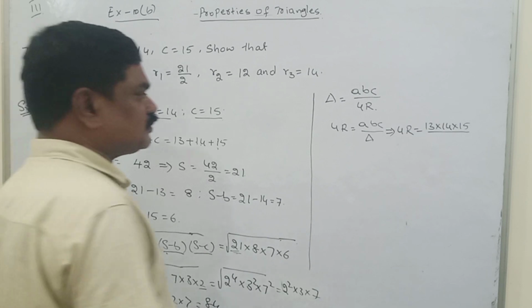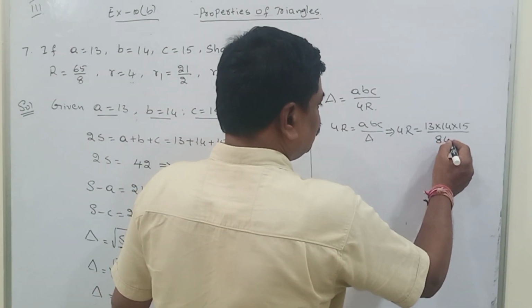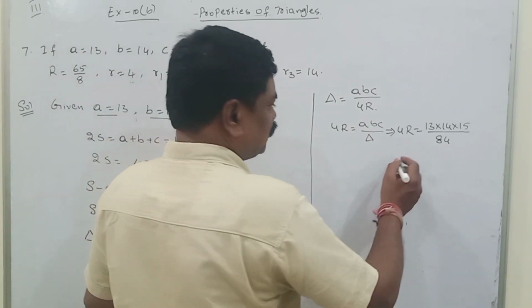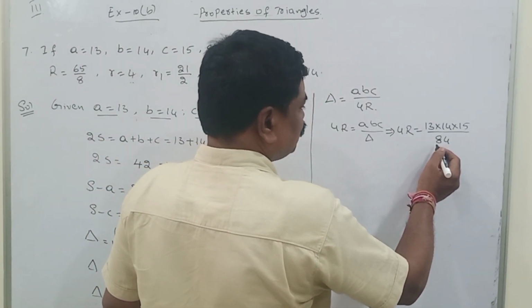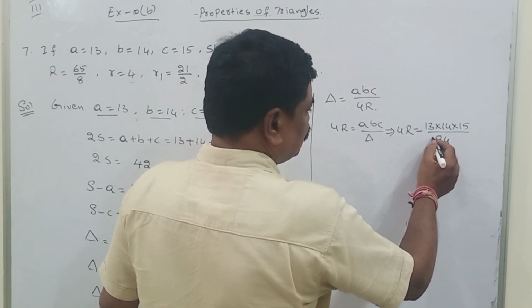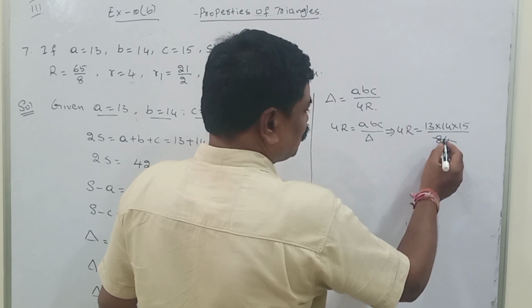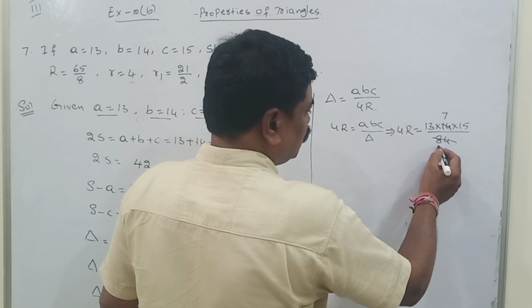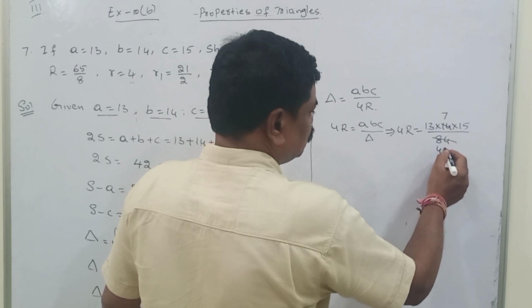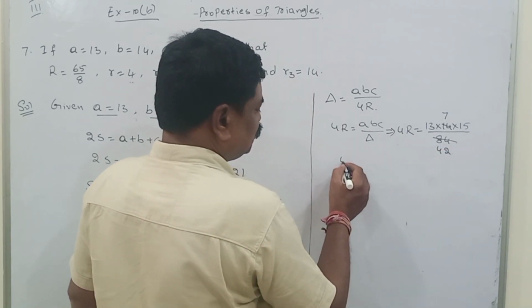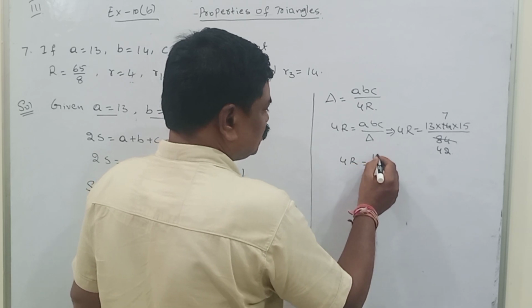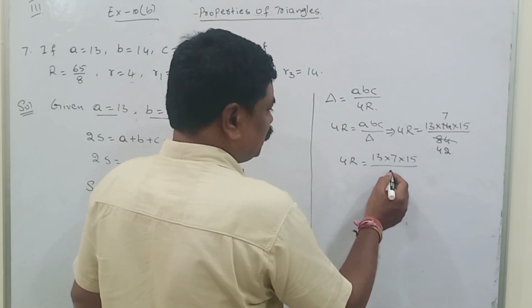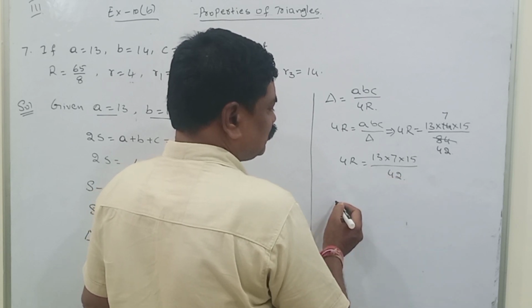Delta value is 84. So you observe here this value. So 4R is equal to 13 into 7 into 15 by 42.